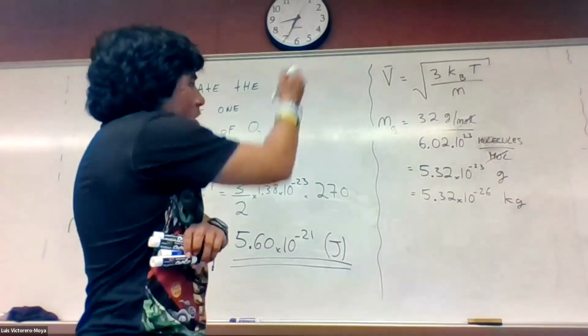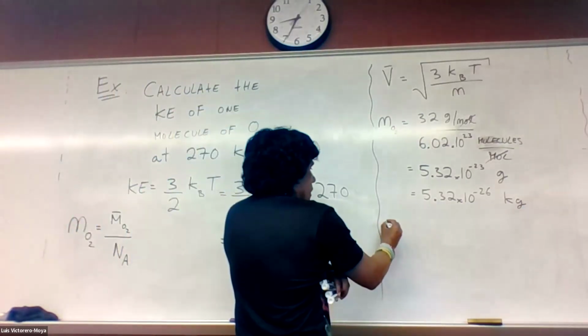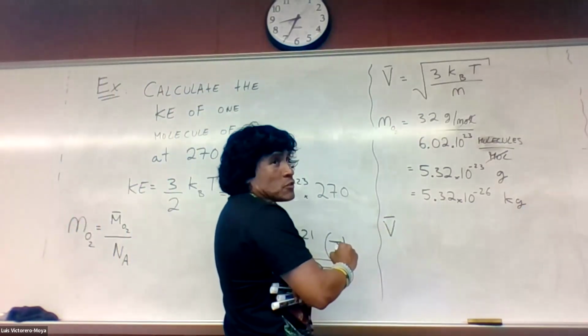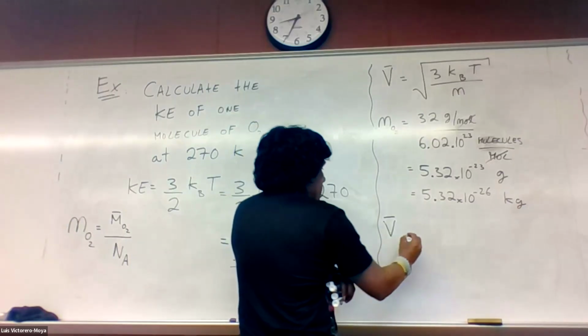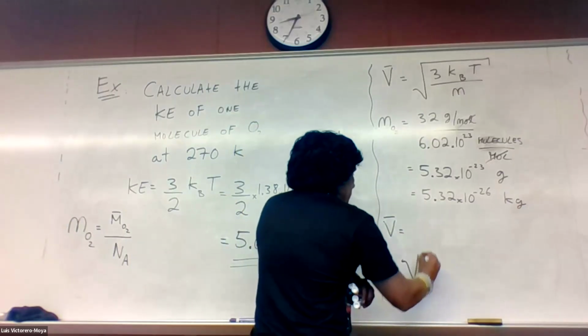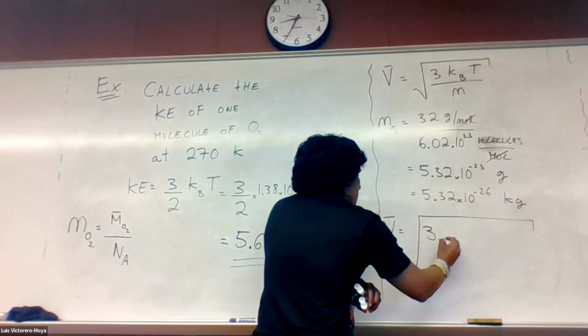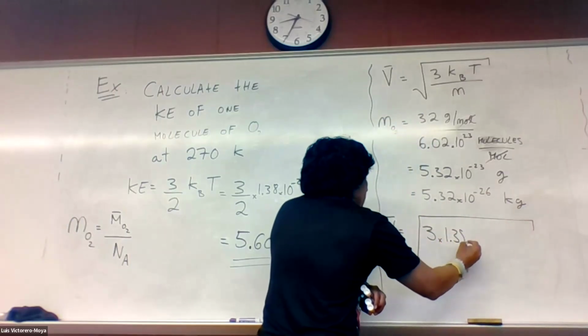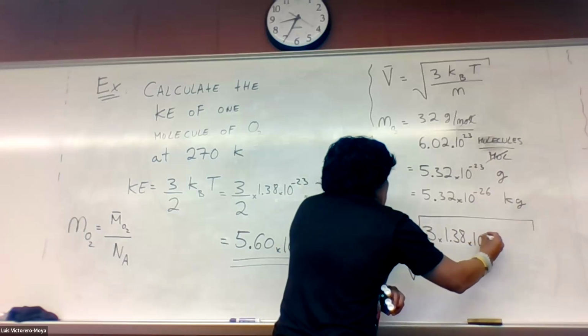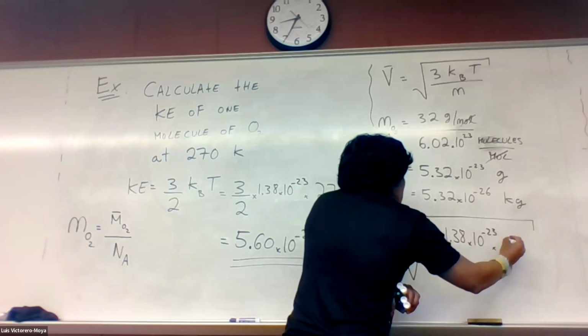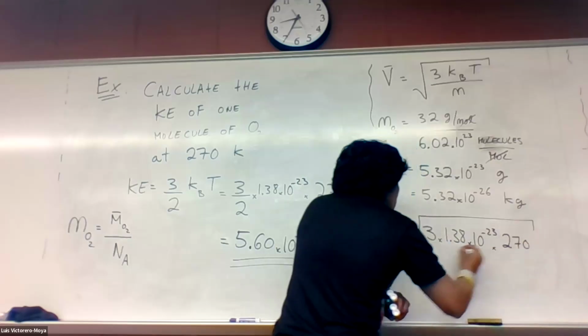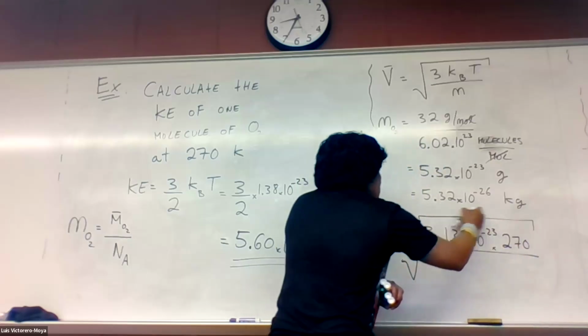So now I can replace that in the equation. The root mean square velocity of the oxygen is equal to the square root of 3 times 1.38 times 10 to the negative 23 times 270 divided by the mass, this.